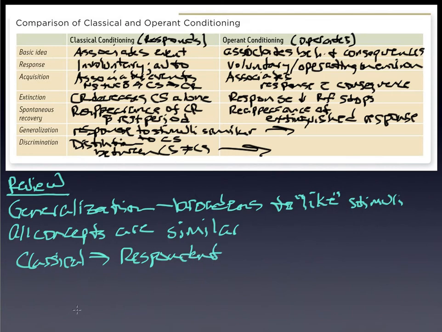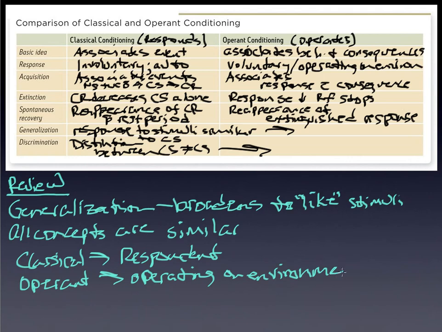In operant, the organism learns associations between behavior and resulting events. It's a little easier to remember: the organism is operating on its environment, making things happen, and being reinforced accordingly. Those are the key concepts when we move forward into other aspects of learning. That's why I keep repeating them over and over again.